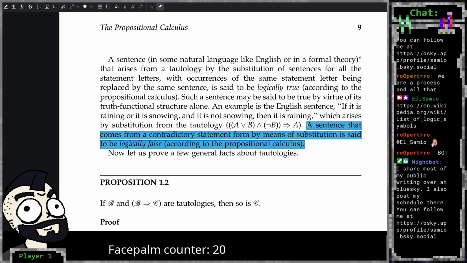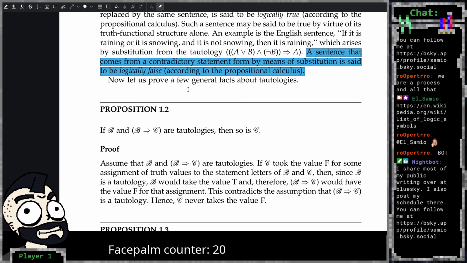We do not care about truth and falsehood in a content kind of way. We don't care about the content of the words. We don't care about the claims. We are in a very abstract realm, and we are only focusing on how very abstract binary statements connect to each other by virtue of our truth functions.